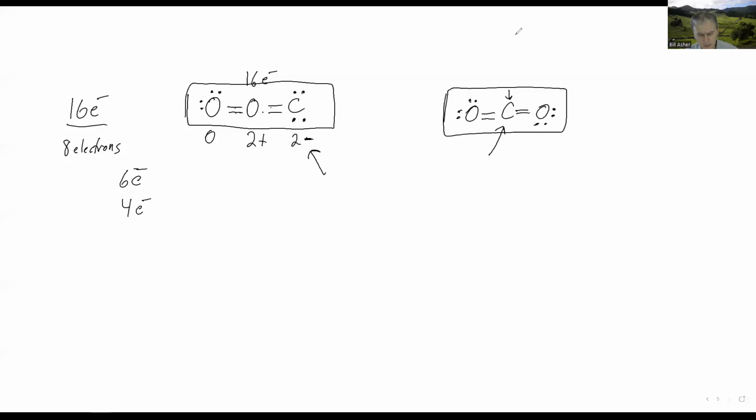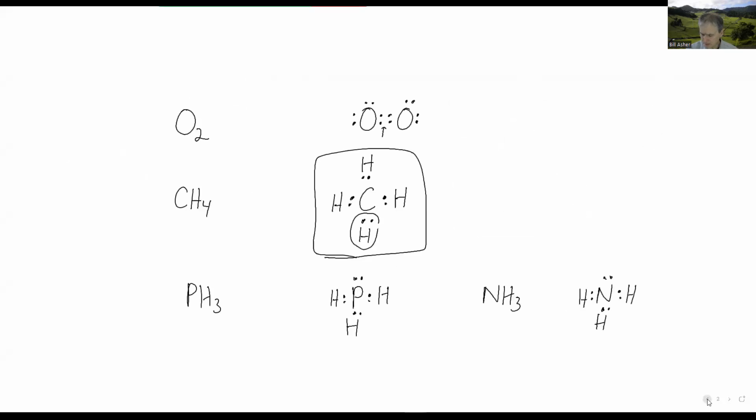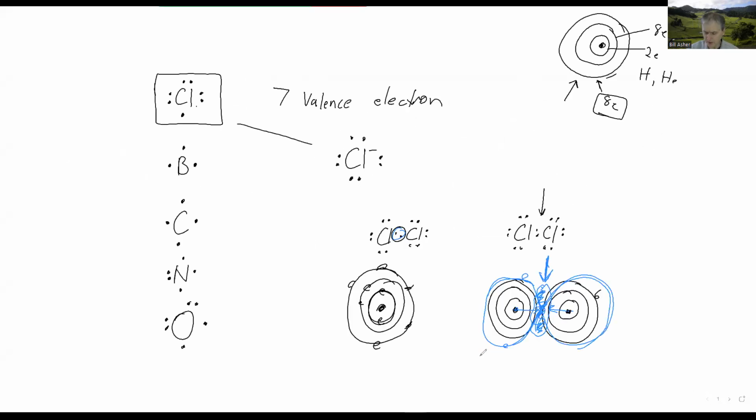So now I want to talk about something else that covalent bonds do, and that is the fact that not all covalent bonds are equal. And what that means is, remember, if we go back to this silly cartoon I had here, where the electrons are sort of shared between here.